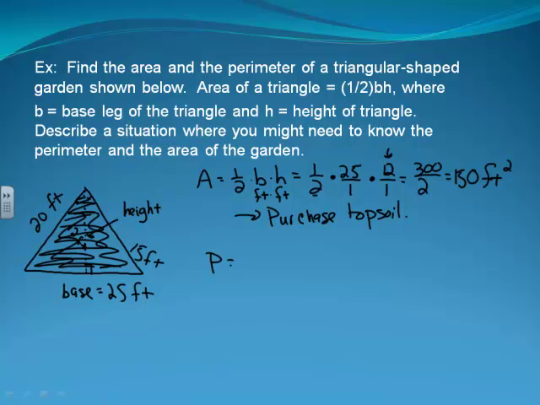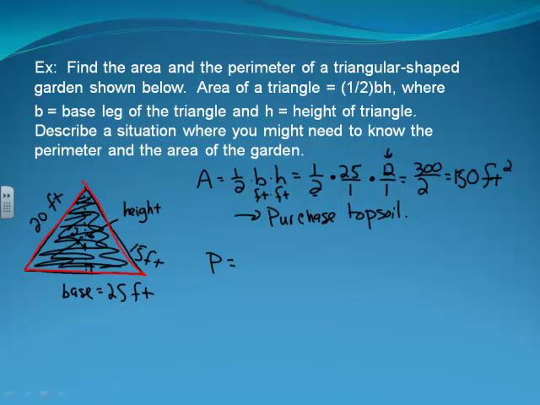Okay, perimeter. Perimeter of an object is simply the distance around, so this is the easier of the two. If you walk around this particular garden, you've got 20 feet plus 25 feet plus 15 feet.